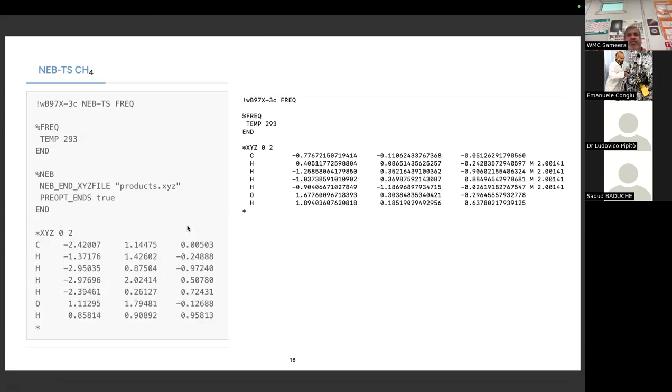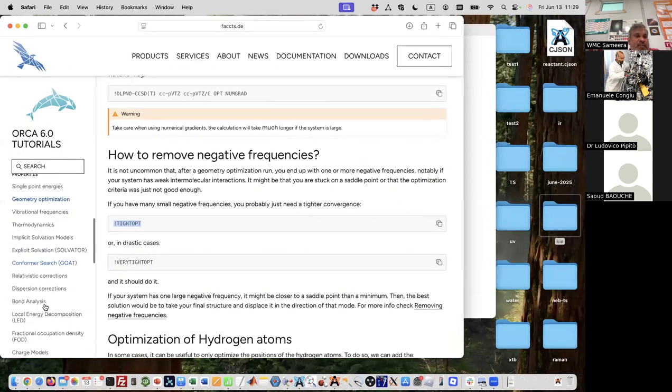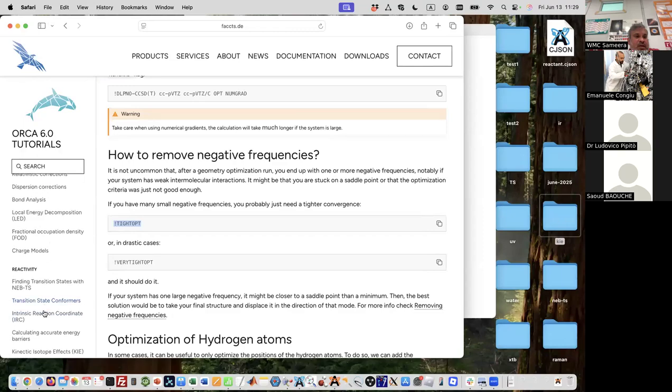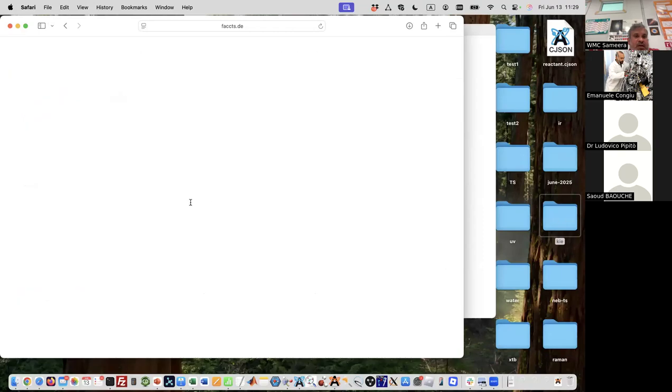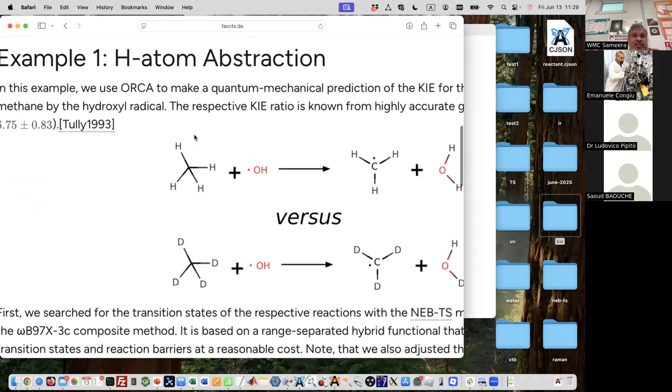Now after getting the transition states, this is the NEB calculation, and then you get the transition state using methane here and OH.